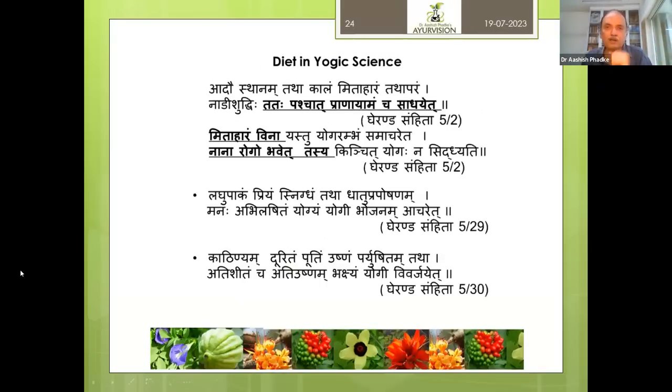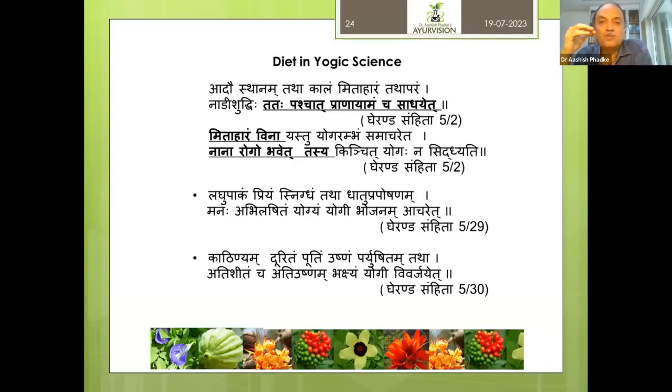So again, you can have particular examples like laghupakam priyam snigdham tatha dhatu praposhanam mana abhilishitam yogyam yogi bhojanam acharet. So anything which is easy to get digested, you should take, which has some kind of fats within it, so that it will control the supposedly increasing vayu.